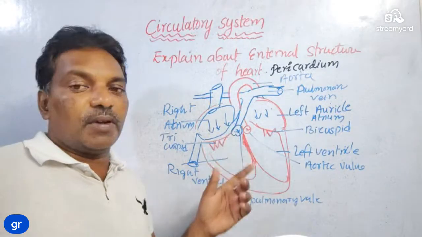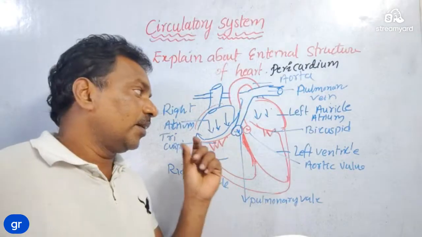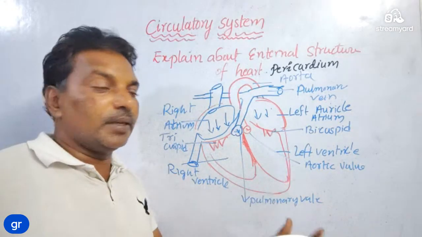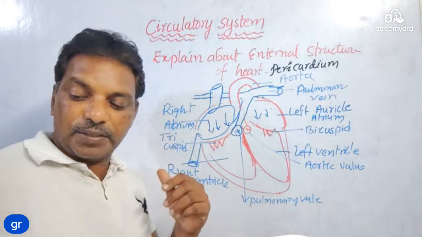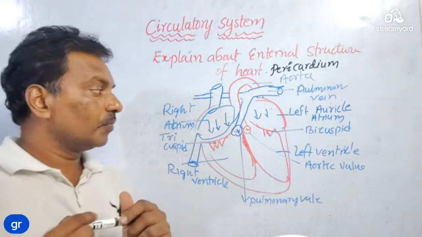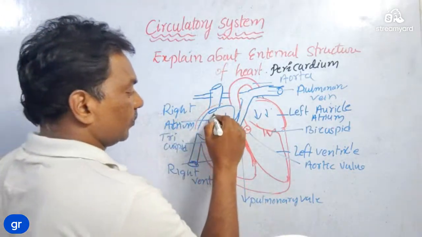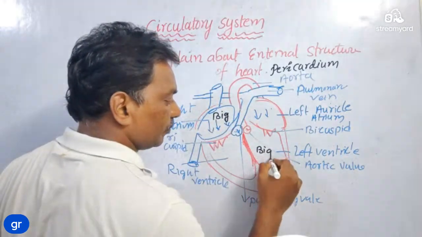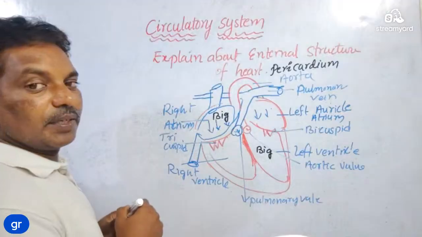Left auricle is smaller, right auricle is big. Left ventricle is big, right ventricle is small. Why is the left ventricle big?